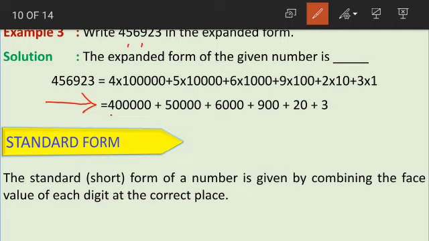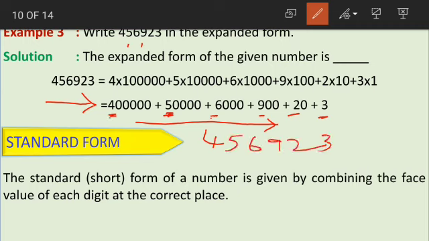Now what we have to do, we have to take the face values of each number, or you can simply say the first digit in each number. Then we have to write them in the same order as given in the question. 4, 5, 6, 9, 2, 3. Understanding, children? 4, 5, 6, 9, 2, 3.